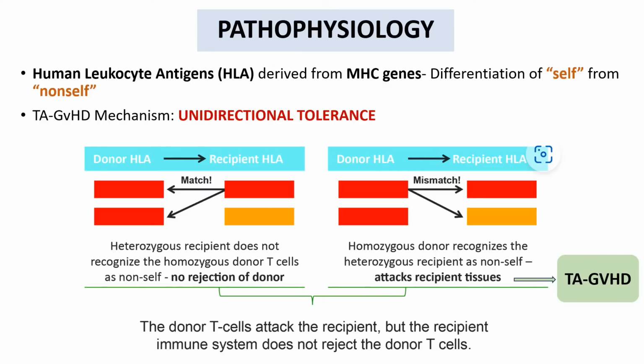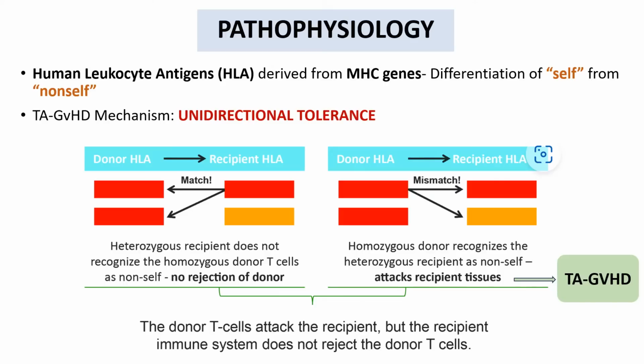Coming to pathophysiology, as we know, human leukocyte antigens derived from MHC are responsible for differentiating self from non-self tissues. However, in TA-GVHD, there is a phenomenon known as unidirectional tolerance, which occurs in the setting of donor cells being homozygous for a particular HLA and the recipients being heterozygous for it.